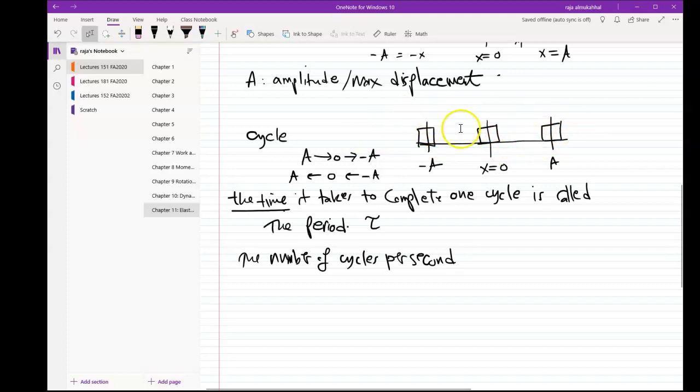So it is making maybe 5-6 cycles per second. You know what I mean? Those number of cycles per second, we call it the frequency.